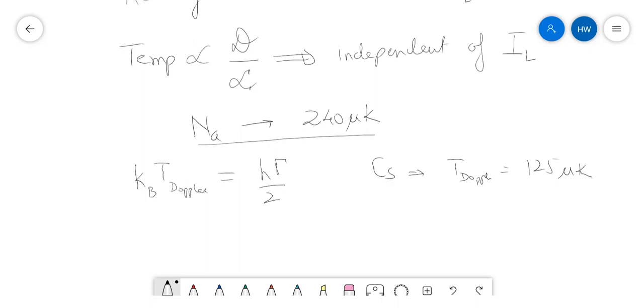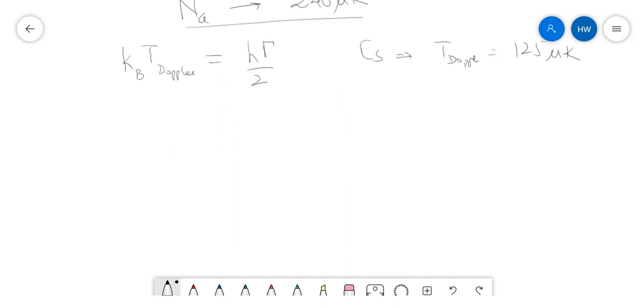If you want to get more details of this, I have been very brief and only presented you the skeleton of this business of cooling. You can look at Reviews of Modern Physics, volume 70, where there are back-to-back articles by Cohen-Tannoudji, Steven Chu, as well as William D. Phillips.